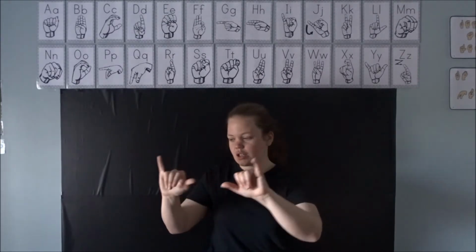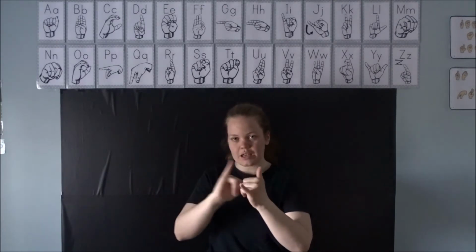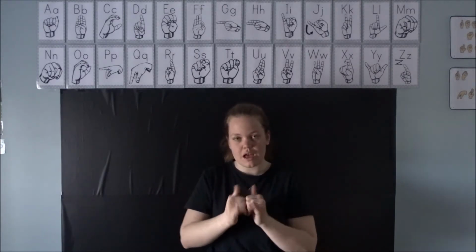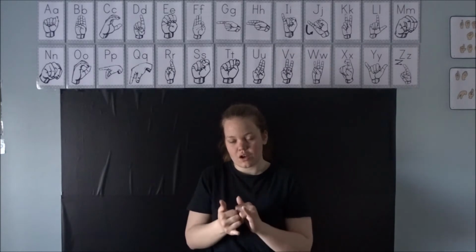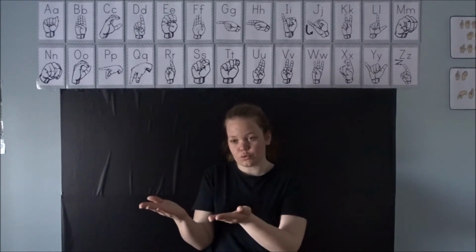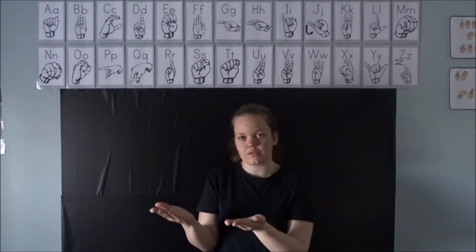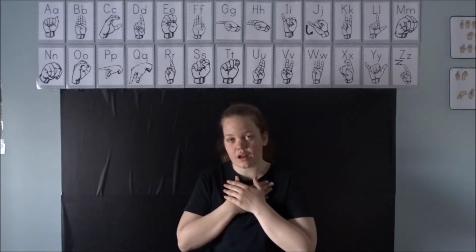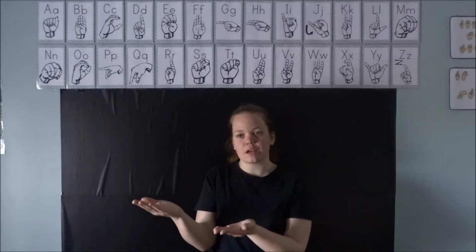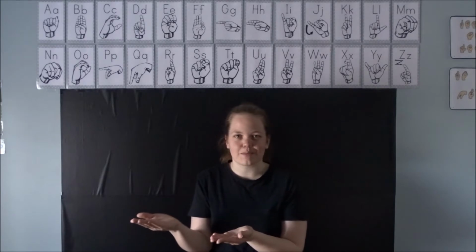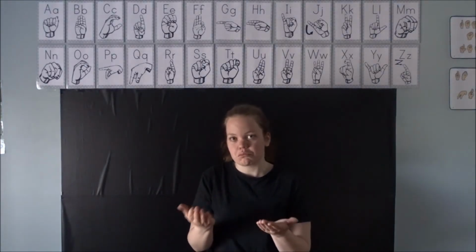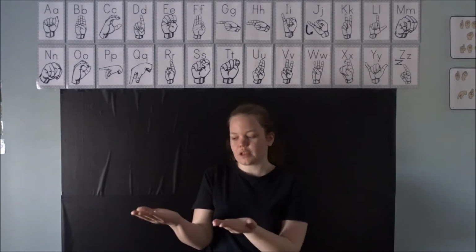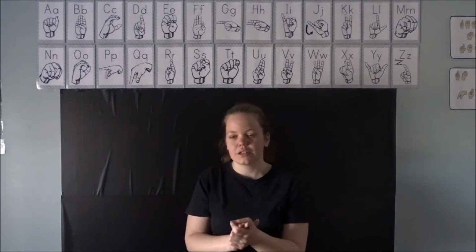It's almost like your Y hand shape, and you're going to turn. So how, you. And this is the respectful way, or the way that I was taught anyways, to show respect when you're saying you. It's kind of the same idea as instead of pointing at someone, as that can be seen as rude sometimes. This is, how are you?